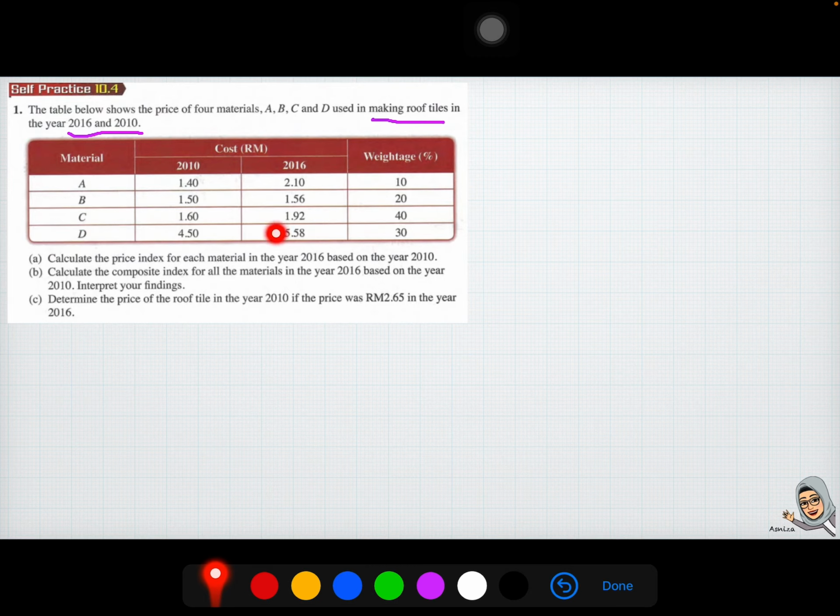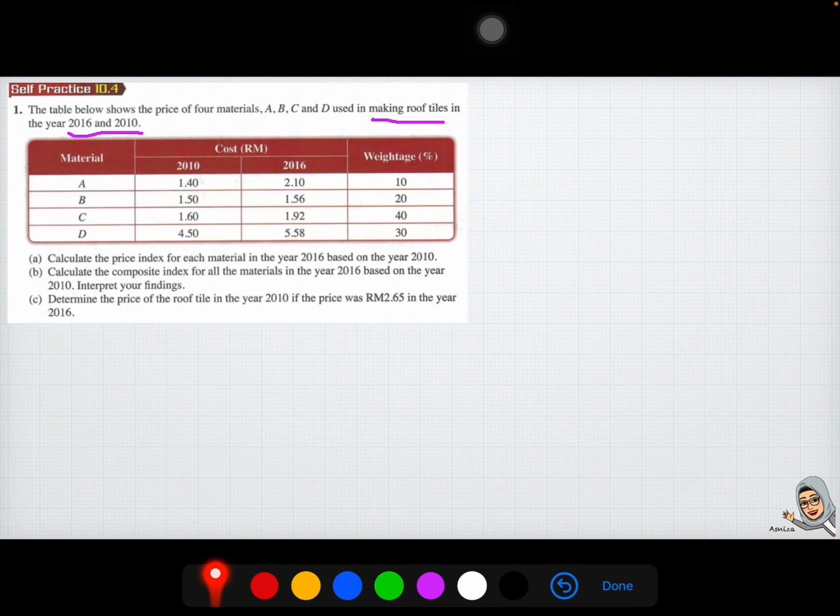So the second and third column shows the cost of each material for both years 2010 and 2016. And the fourth column shows us the weightage for each material, and we can see that C will be the highest weightage.